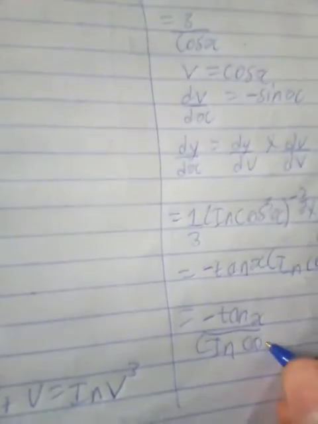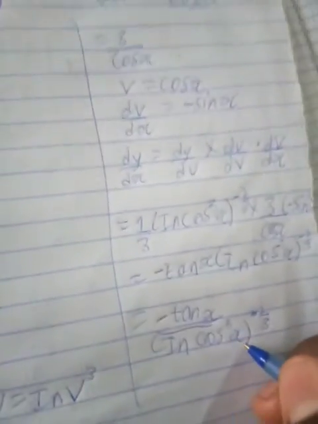So this will give 1/3, which will be equal to negative tan x all over 3 times ln cos x to the power of 2/3. The negative power causes this ln cos x to go down. So this is the answer. Thank you.